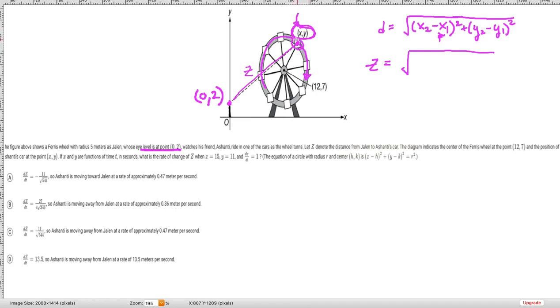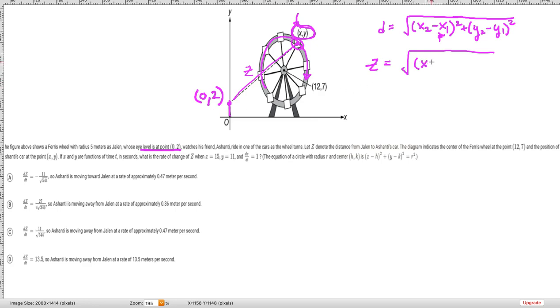Jalen's staying still, but Ashanti's moving in this cart around the Ferris wheel. The point for Ashanti is x comma y, but the point for Jalen is 0 comma 2.